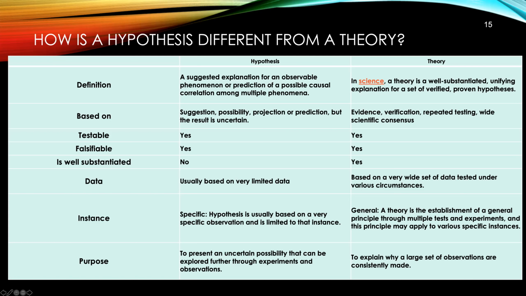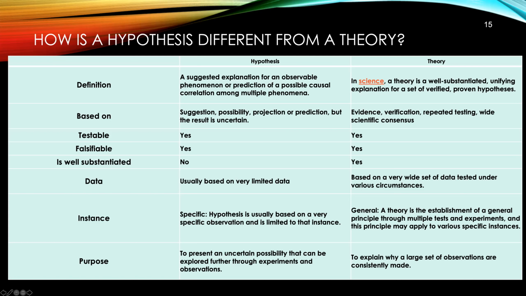So a hypothesis is based on a suggestion. Theory is based on evidence that has been verified by repeated testing and by wide scientific consensus. Now you'll note the next two, testable and falsifiable, are common to both hypothesis and theory. If it's not testable or falsifiable, then it falls into a different category.